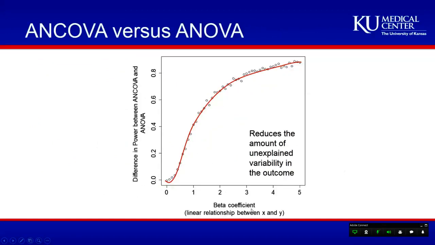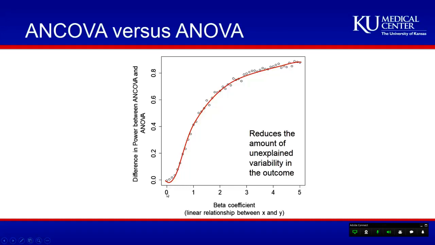I wanted to show you, so the power of a test reflects its ability to detect a meaningful difference. So if I have a really powerful test, if there is a difference there, I will be able to find it with a significant p-value. So higher power is obviously better. Notice the relationship here between the slope and power in analysis of covariance.